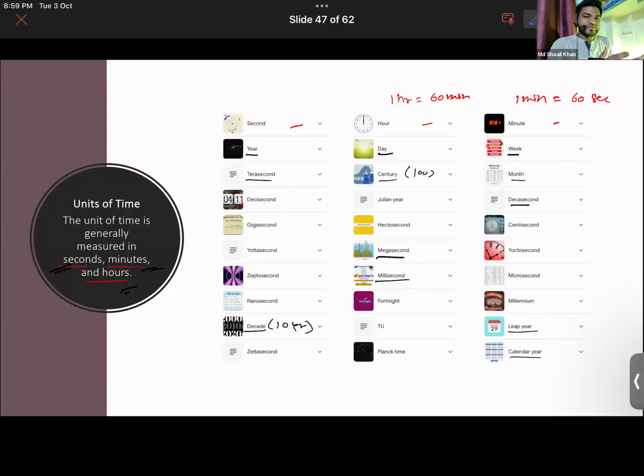Based on that, we will be selecting the unit. For example, if you were to measure the gap between one new moon and another new moon, you will be using the month. So based on our need, we use different units.